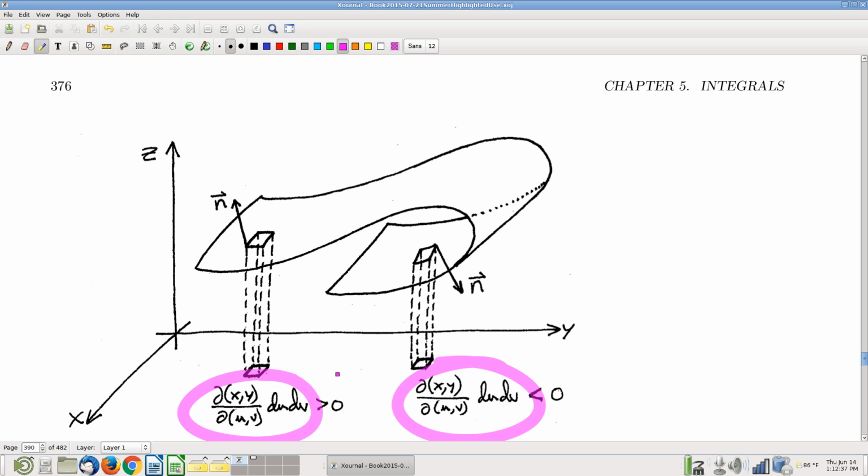On the other hand, if this thing is negative, what that means is this little piece of surface projected, I don't know exactly how it's oriented, but in some sense it projected upside down. So why upside down? Well, because this normal vector, this unit normal vector, is pointing somewhat down. It's not pointing generally up like this, it's pointing generally down. That's what's going to make it project upside down. Now, how do I know this thing is pointing down-ish?